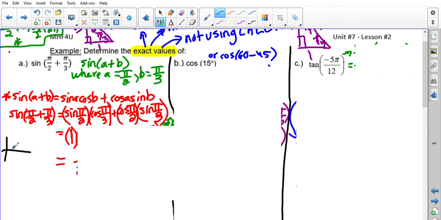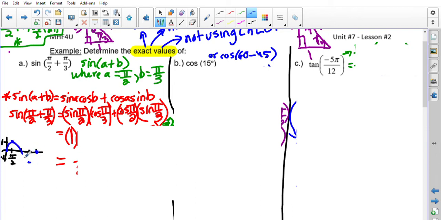So that's 0. This is going to be pi over 2. That's pi, 3 pi over 2, and 2 pi. And that's 1, and negative 1 down here. So if we draw the graph of sine, it's going to go up to here, come down, and back up for 2 pi.